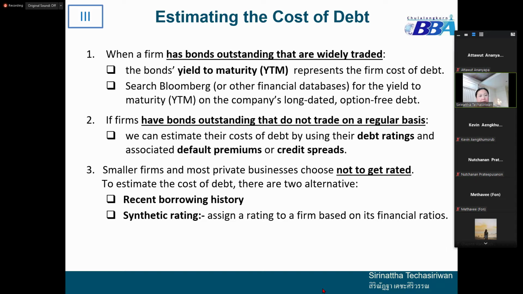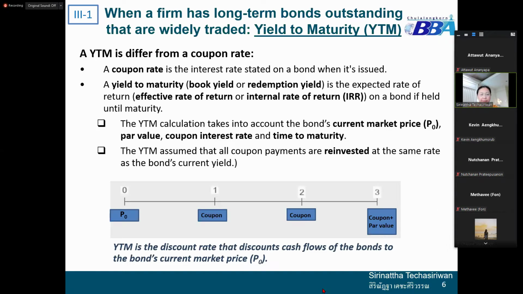But if this company just borrowed from the bank and you know what rate the bank charged the company, you can use that as the cost of debt. Okay, so 3 scenarios to estimate the cost of debt.